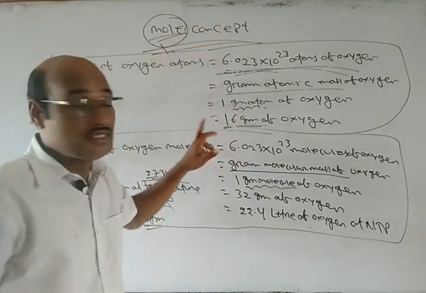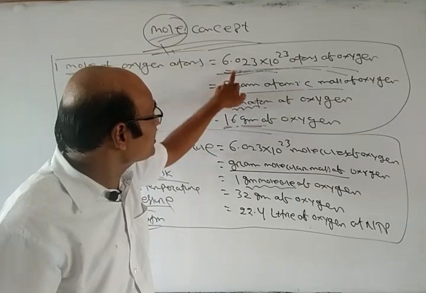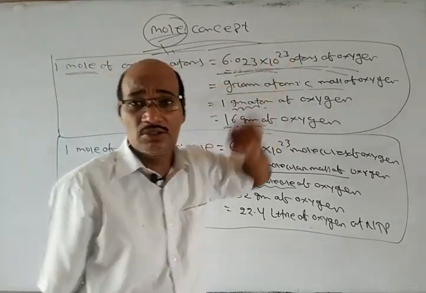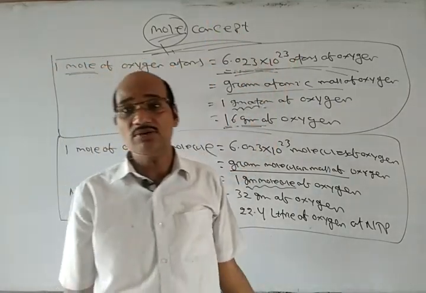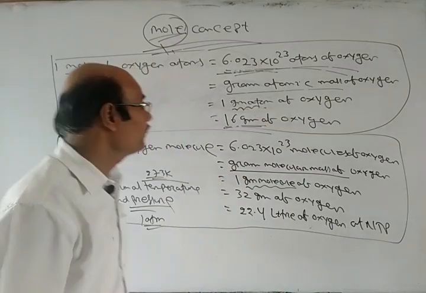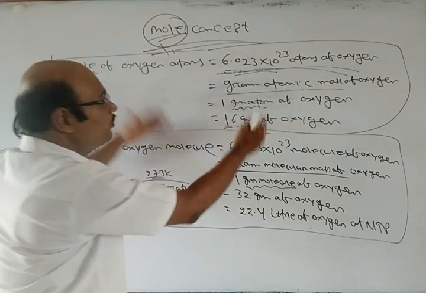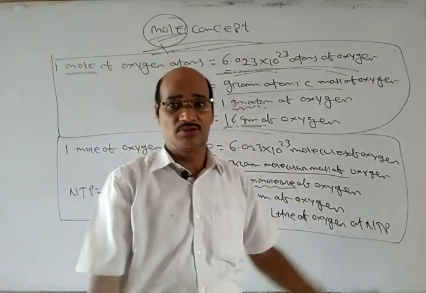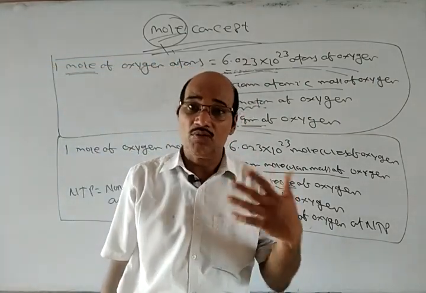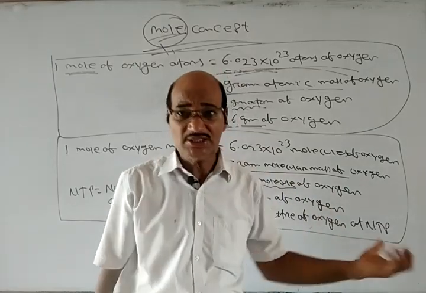Reversely, 16 gram of oxygen is equal to 6.02 into 10 to the power 23 atoms of oxygen. Therefore, x gram equals how many atoms? That also can be calculated. So from these three things, we can establish a number of relationships, and accordingly we can work out a number of numericals. We will discuss this later.